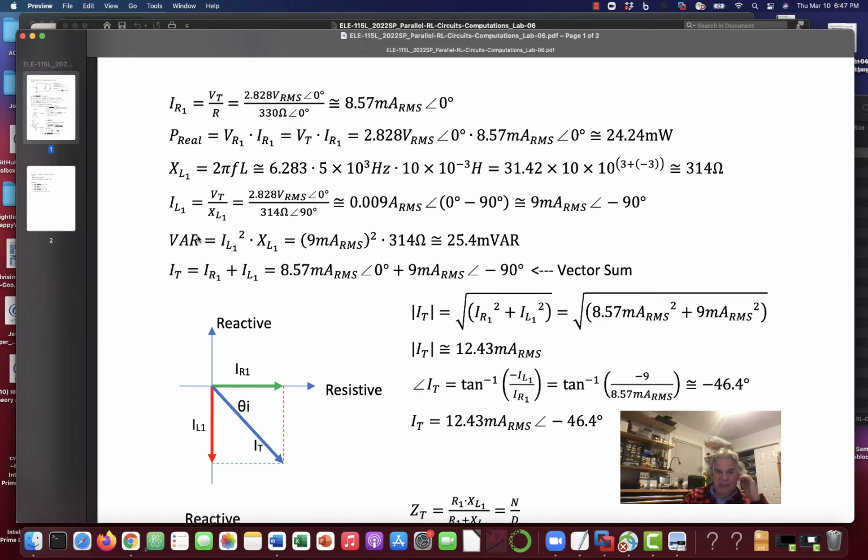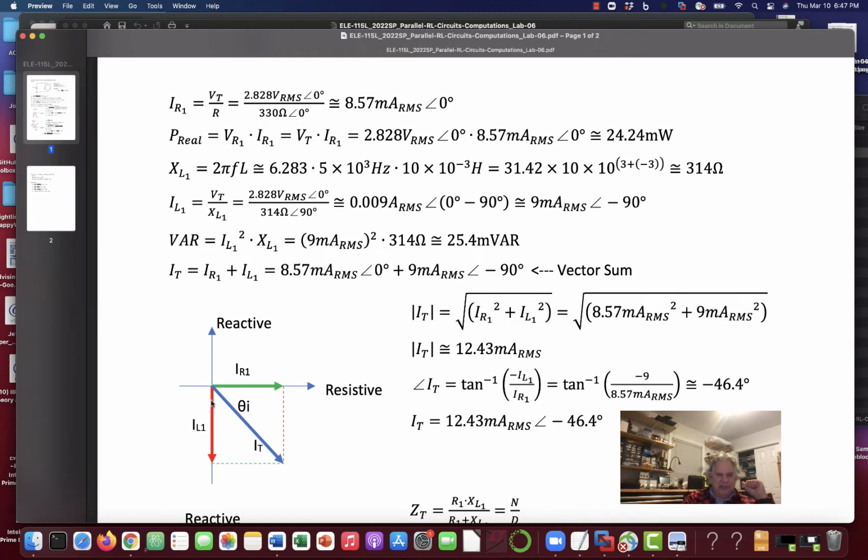So I could take IL1 times VL1, or I could take I squared L times XL, and in that I would get 9 milliamps. And again, with reactive power, we don't need phase angle because it's all reactive.